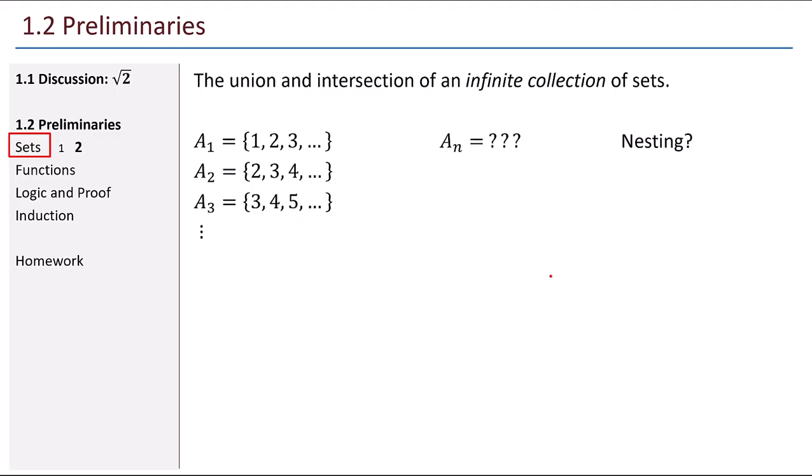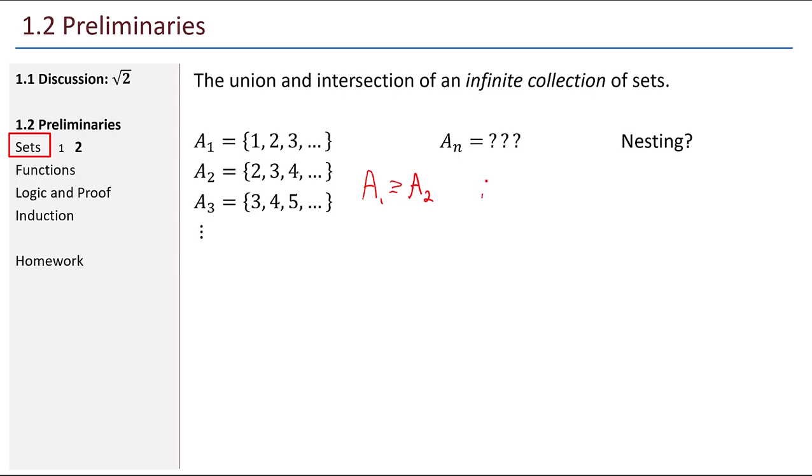Can you get a sense of what A sub n looks like? And is there any kind of nesting taking place? Pause the video again, make sure you have a good sense of this, and then continue on when you're ready. You might observe A sub 1 is a superset of A sub 2.